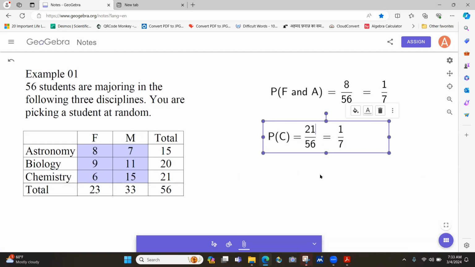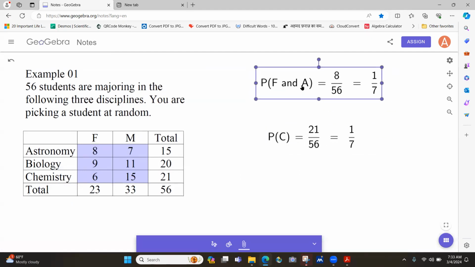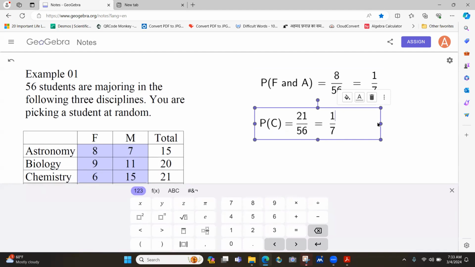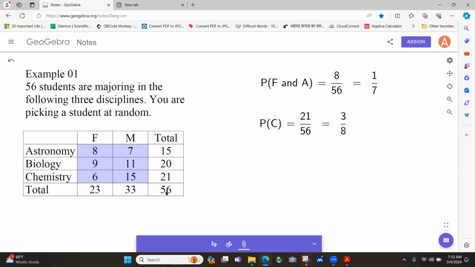Out of all the students, 21 of them are chemistry majors. You can divide both by 7. If you divide the top by 7, you get 3. If you divide the bottom by 7, you get 8. So the probability of getting a chemistry major, if you have 56 students, some of them astronomy majors, some biology majors, some chemistry majors, is 3 over 8.